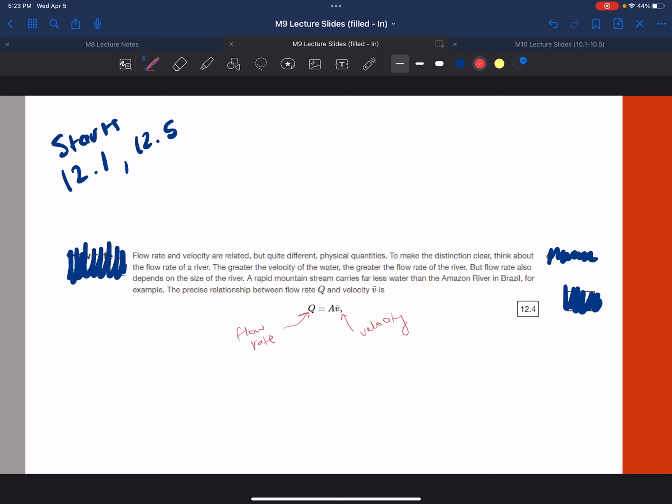So we can figure out how quickly the fluid is flowing through some kind of pipe or system. That could be a river, could be an enclosed space where a gas is traveling from one section of a chemical plant to another. There's a lot of examples.